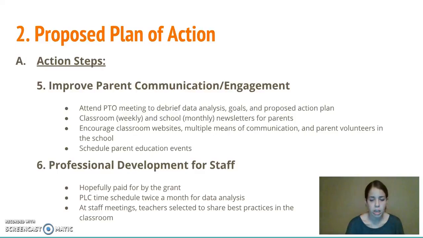Classroom newsletters weekly and school newsletters monthly to keep parents informed. I would encourage classroom websites, multiple means of communication, and parent volunteers in the school. And I would schedule parent education events to focus on different topics that parents seem to need more information on or would be interested in learning more about so that they can support their students in school.